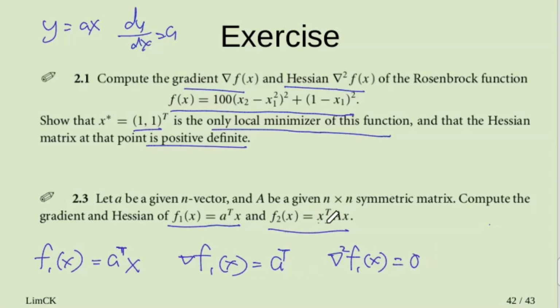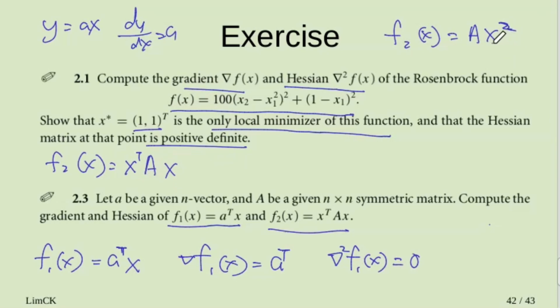Then how about this one, the f2? x transpose B x. This one is just like f2 equal to b x squared, if you consider this as a number, not a matrix and vector.